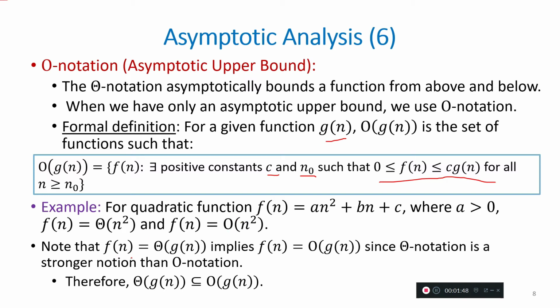So we note that f of n is equal to theta g of n implies that f of n is actually also equal to big O g of n, since the theta notation is a stronger notation than the O notation. Therefore, the theta g of n would be a subset of big O g of n.